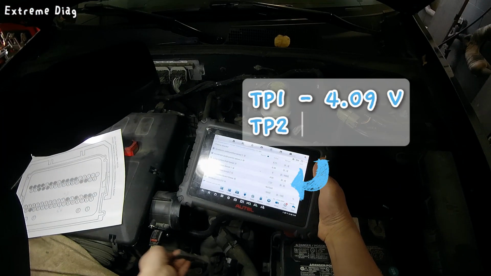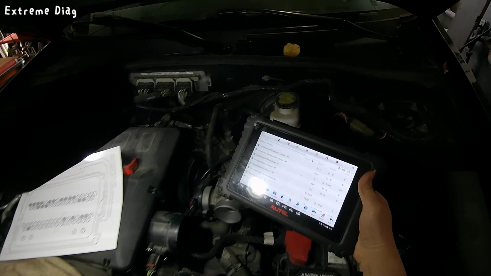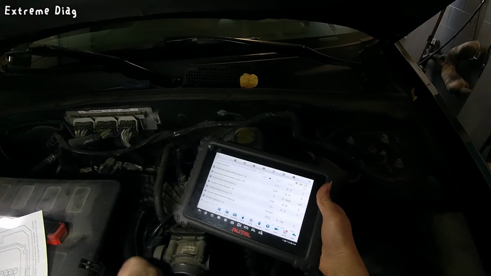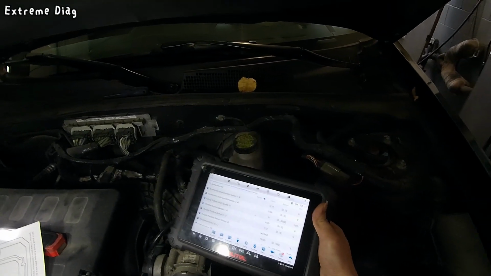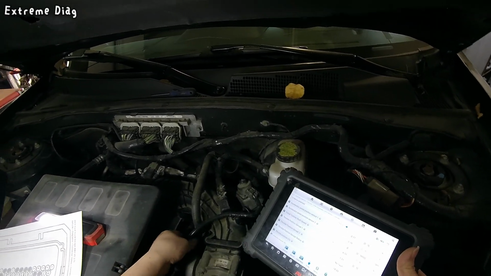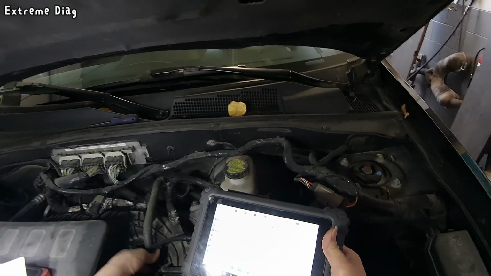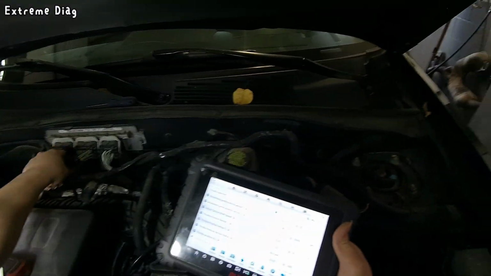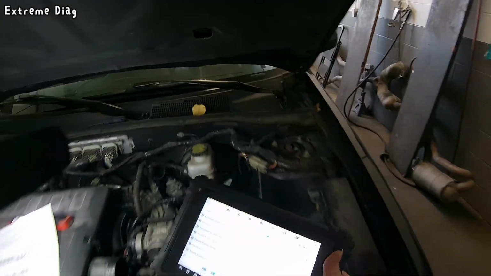TP1 shows 4.09 volts, and TP2 shows 1.21 volts. No matter how much I shake the wiring, the voltage on the scan tool does not change.